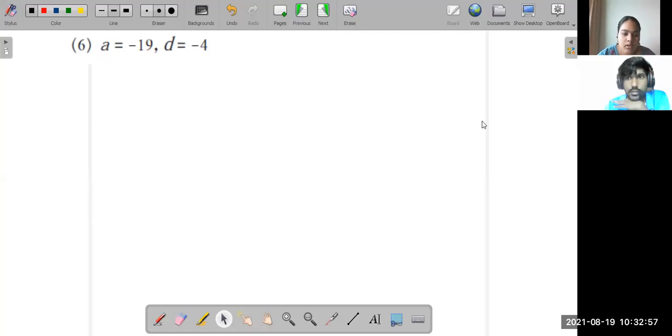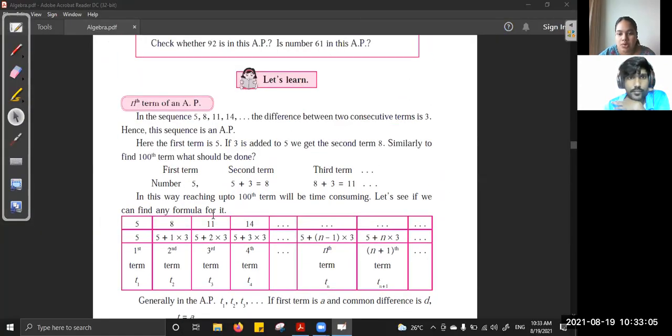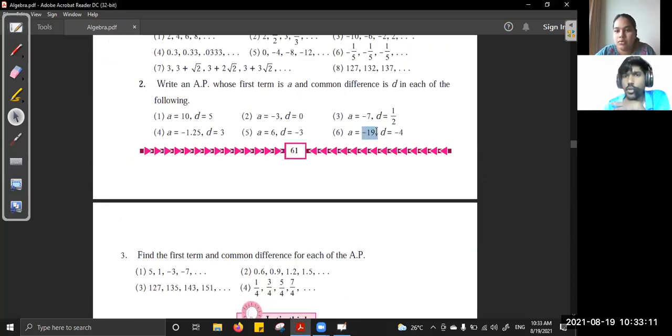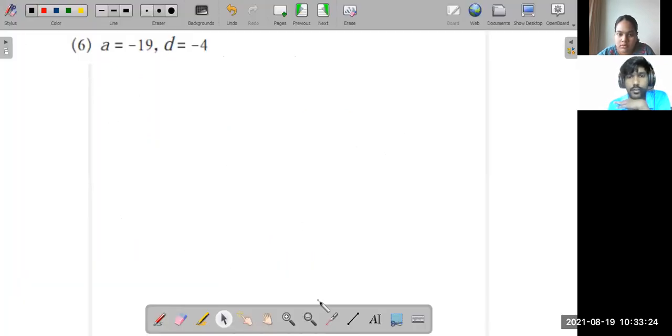Are you sitting with the textbook? I'm sitting with the PDF of the textbook. Okay, in your PDF just check whether it is minus 19 here, because I think in the old textbook it is plus 19 and in the new one it is minus 19. But what you did is right.